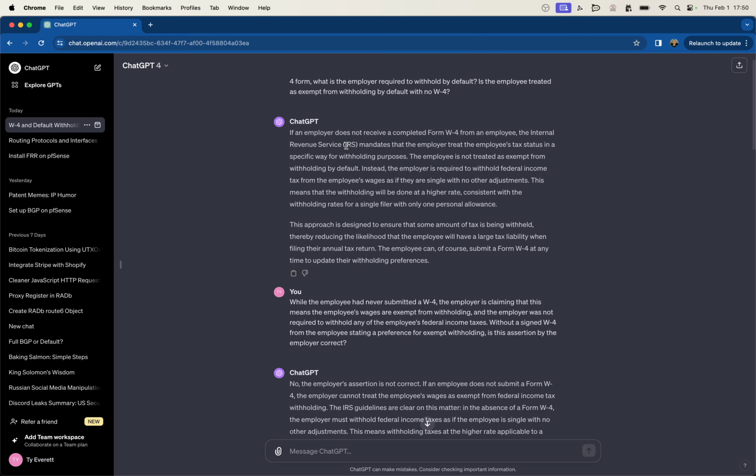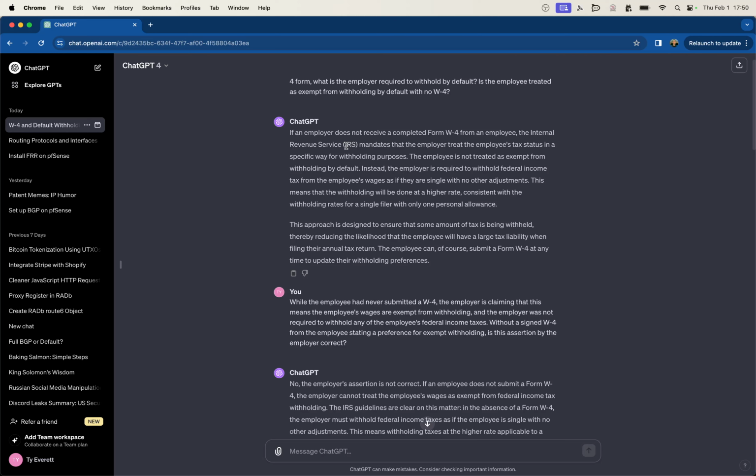It's the employer's responsibility to withhold the appropriate amount of taxes and remit them to the IRS. The employee's responsibility is to ensure that their W-4 form reflects their current withholding status. If the employer fails to withhold taxes correctly, it's the employer who may face consequences from the IRS, not just the employee.